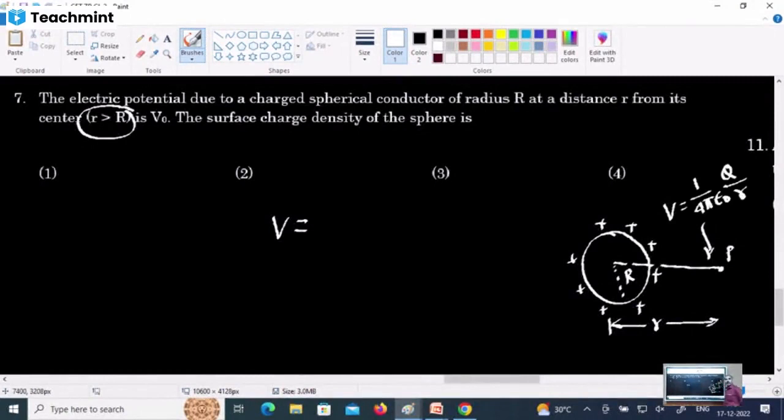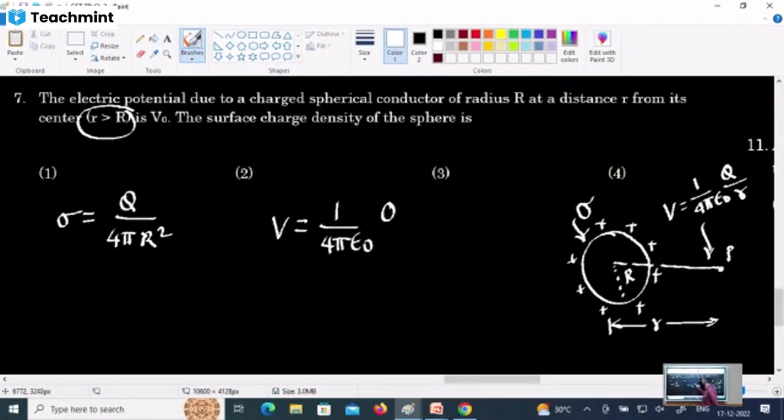And suppose surface charge density is sigma, then we also know sigma is given by charge upon the sphere divided by 4 pi R square, charge divided by surface area. Furthermore, potential at the point P outside is also known, which is 1 divided by 4 pi epsilon naught q divided by r.